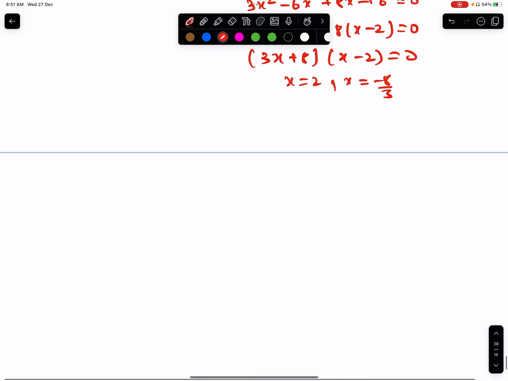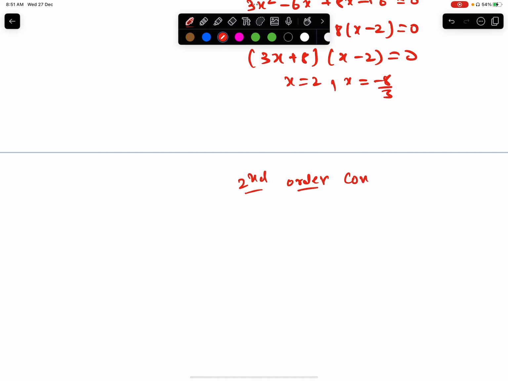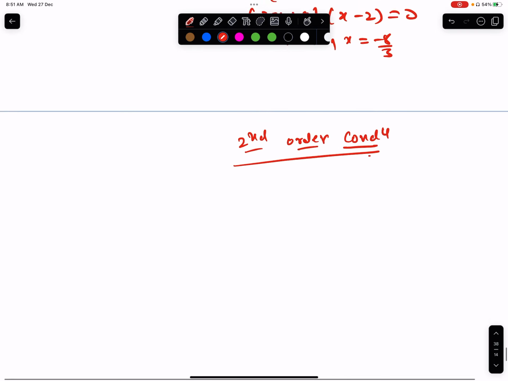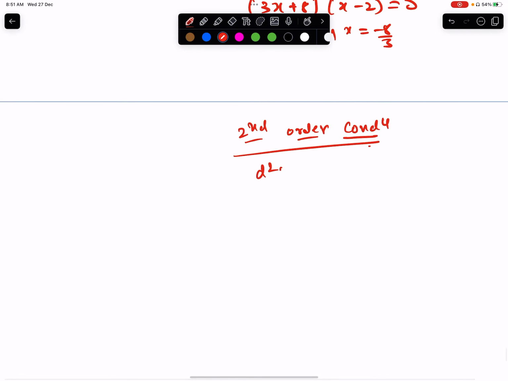Now taking the second order condition, what will we get? d square p by dx square equals minus 2 minus 6x.